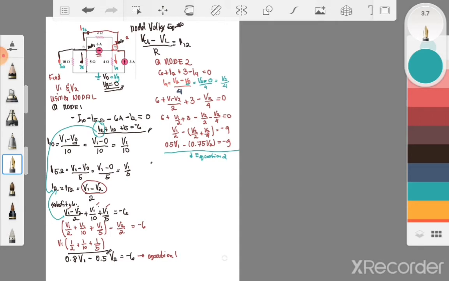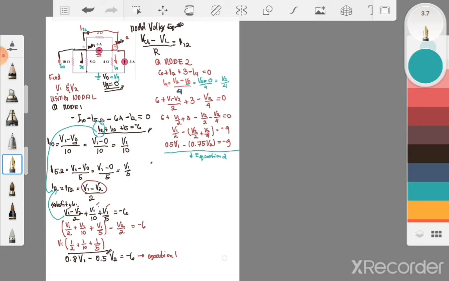Ano mas sure? Calculator, di ba? So, therefore, solving for your V1, shift mode. Okay, nakalimutan ko na rin, no? Mode. Tapos, hanapin nyo yung AX plus BY equals C sa calculator nyo.